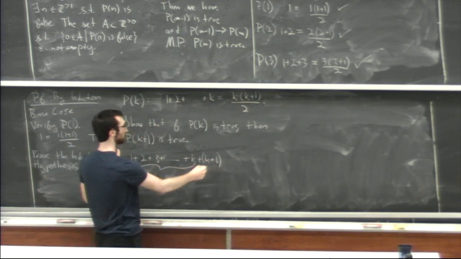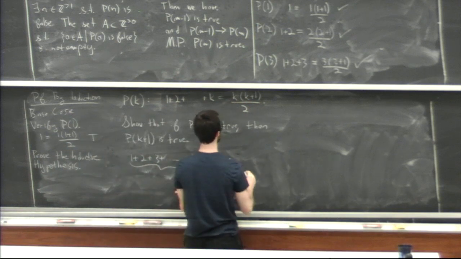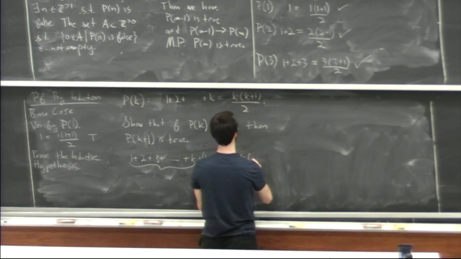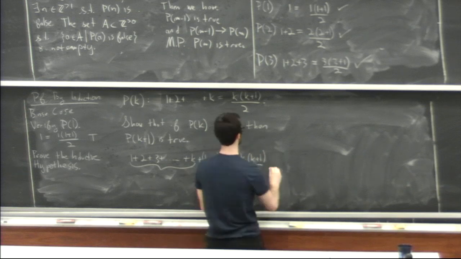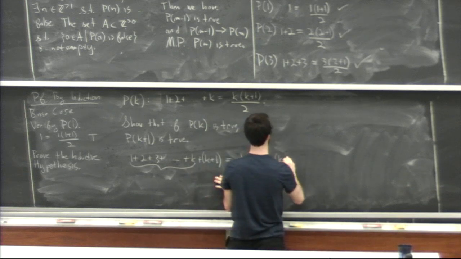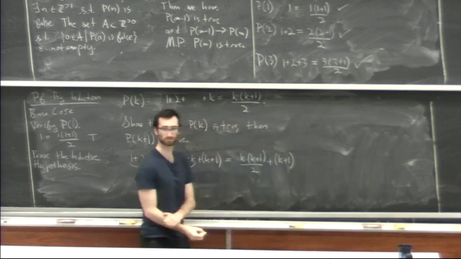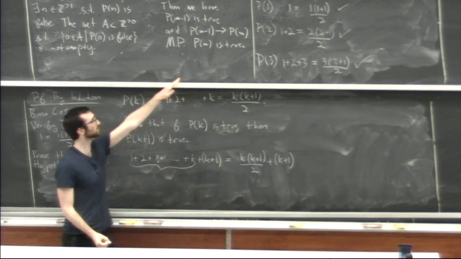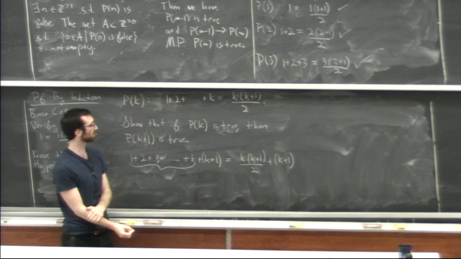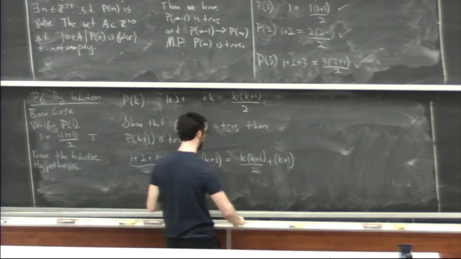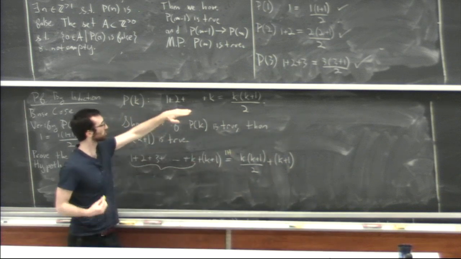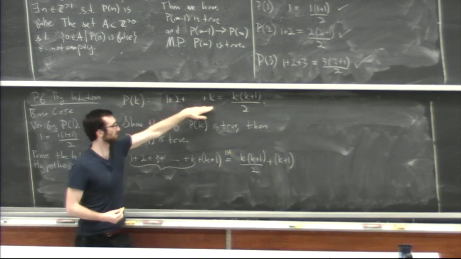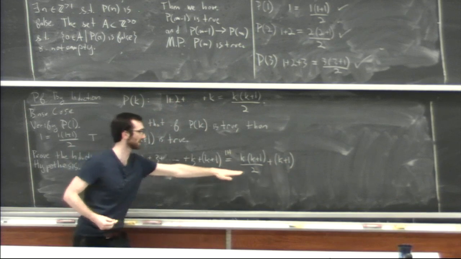So this side is equal to k times k plus 1 over 2 plus k plus 1. I've written out one chunk of P of k plus 1, and I've used the inductive hypothesis. So I'm using the fact that I'm assuming that this sum is equal to this, and I'm swapping it out.